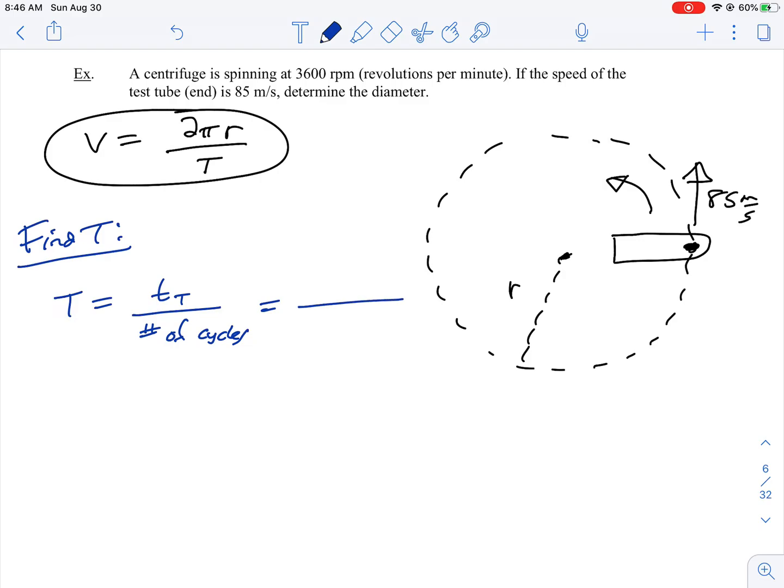So if it does 3,600 revolutions or cycles, it takes a minute, which is 60 seconds. Good? And that's how we establish the period of oscillation. And this gives us about 0.01667 seconds.